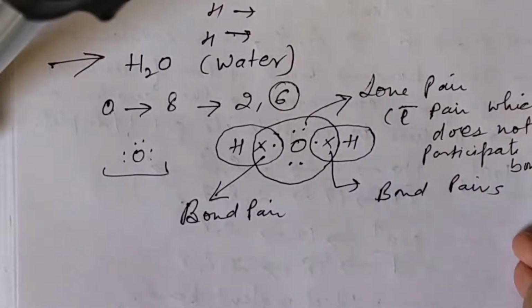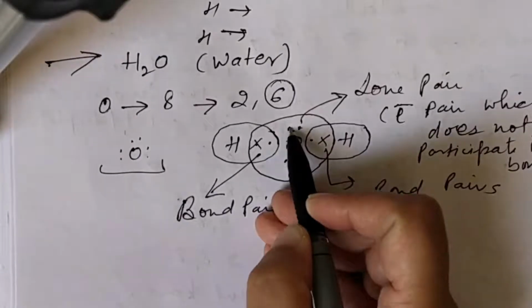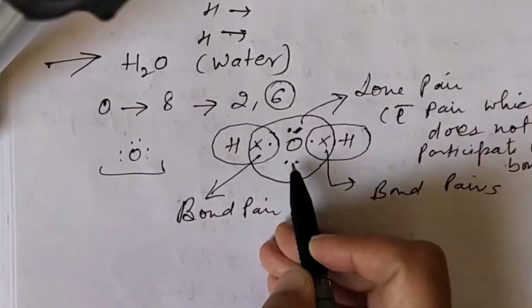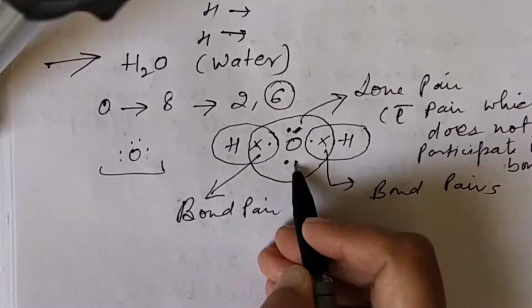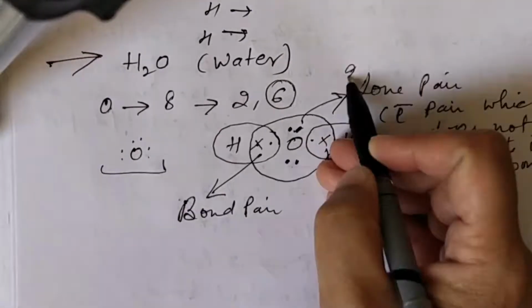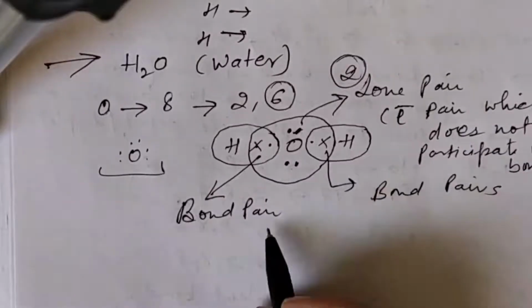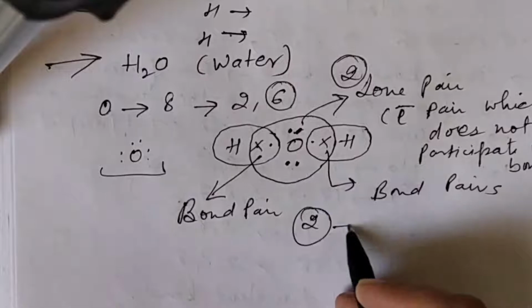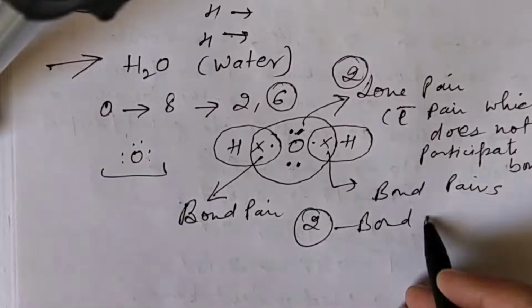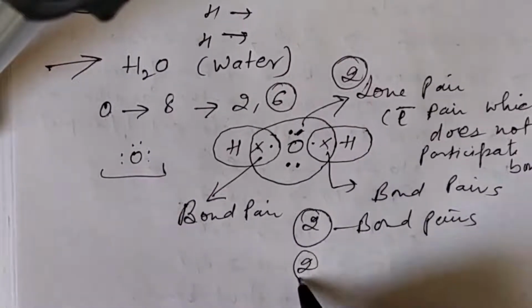This is a lone pair. How many lone pairs are there? Count them fast. How many lone pairs are there? There are two lone pairs. So here we come to know that in water two bond pairs are there and two lone pairs are there.